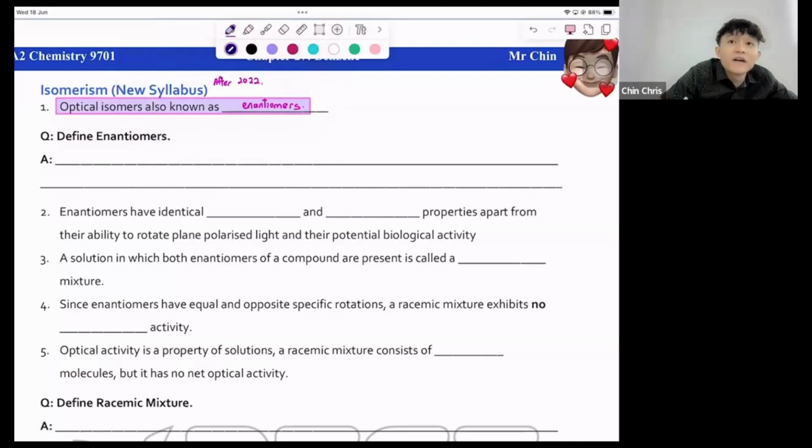All right, guys, define enantiomers. We call it molecules that have the same chemical and physical property.